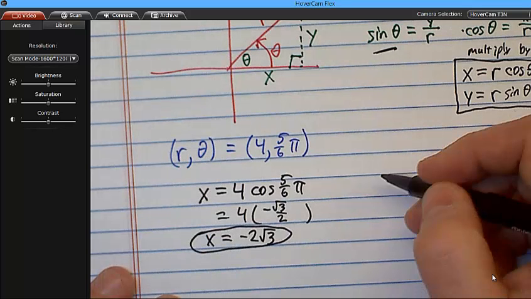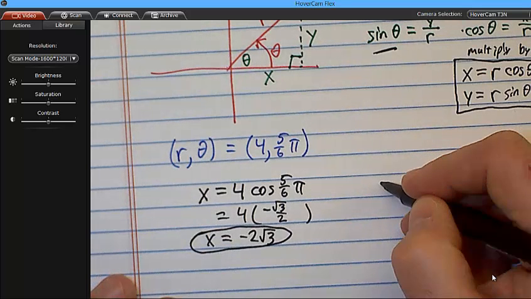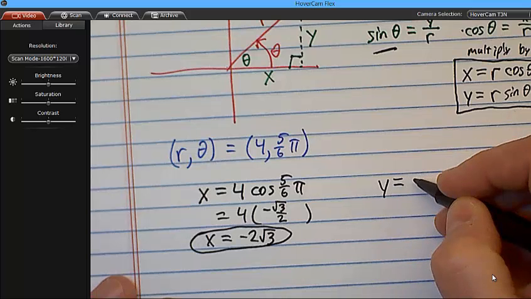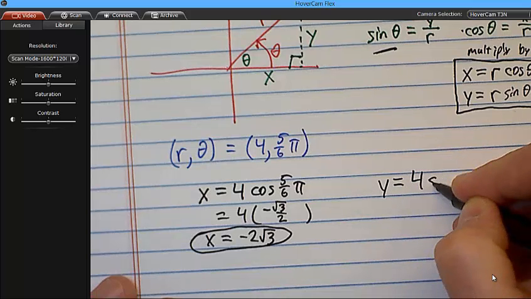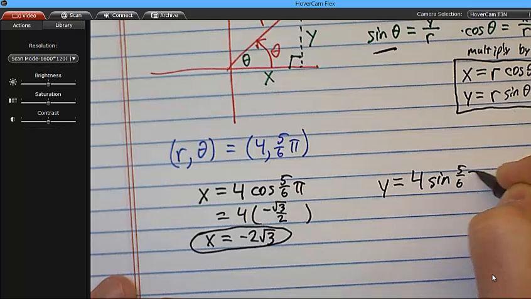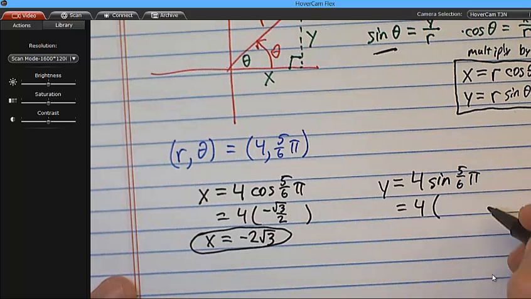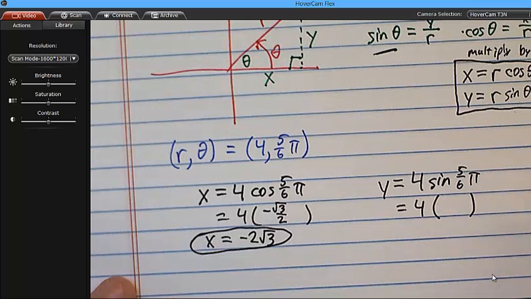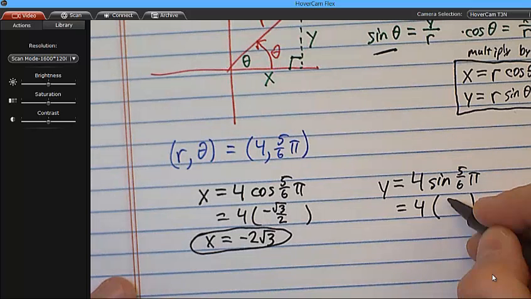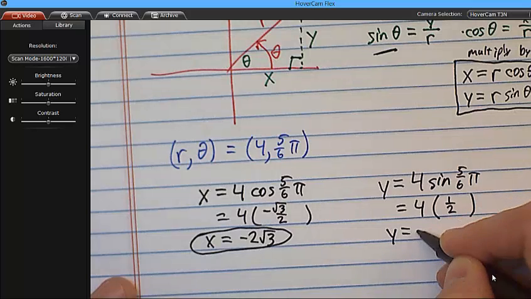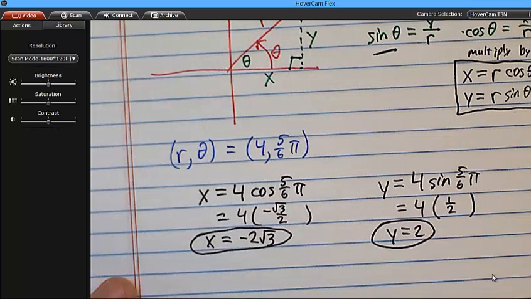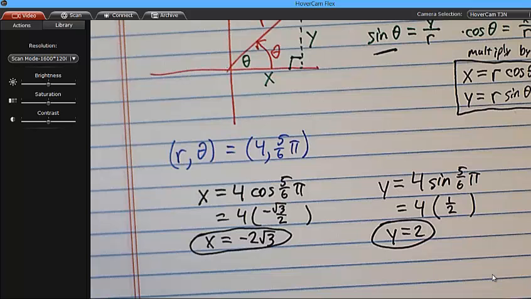And similarly, if I have y equals 4 times the sine of 5/6 pi, I get 4 times, what's the sine of 5/6 pi? We talked about that. 1/2. And so I get y equals 2. You see that?